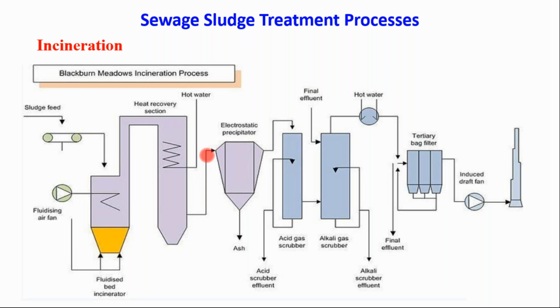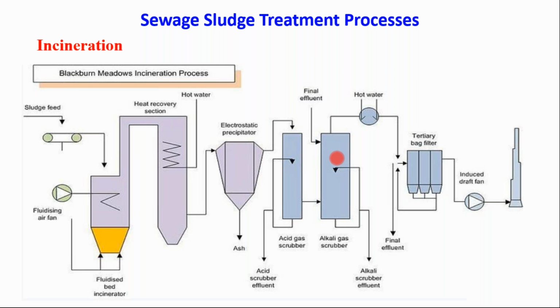These flue gases and some solid particles go to the next stage, the electrostatic precipitator, where the ash can be separated out, and the clean gas from this electrostatic precipitator can be sent to the acid gas scrubber, alkali gas scrubber, and then the bag filter. If acidic fumes are present in that sludge, they can be absorbed in this column.